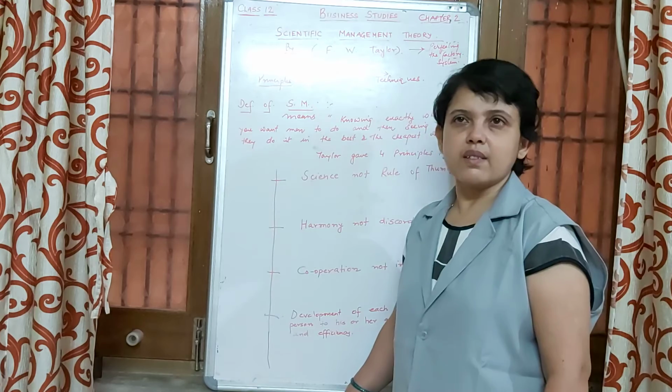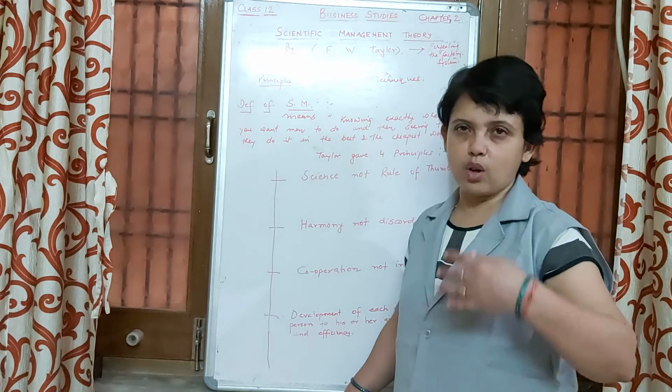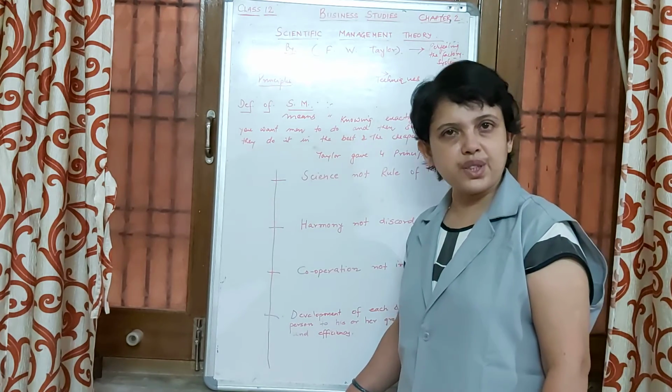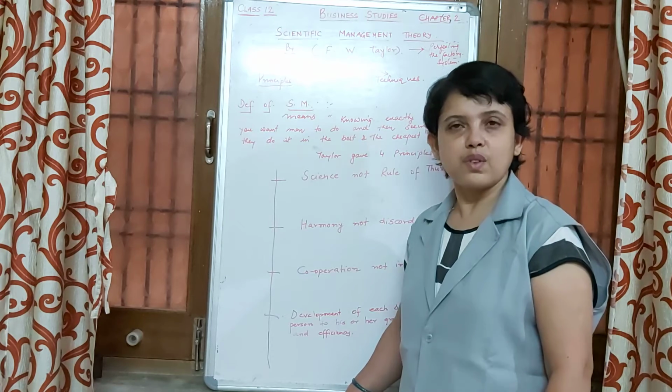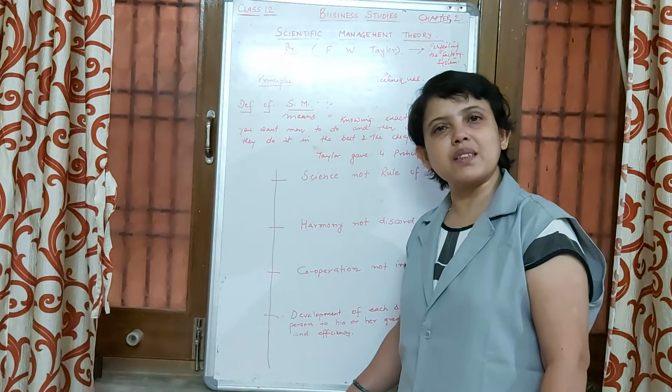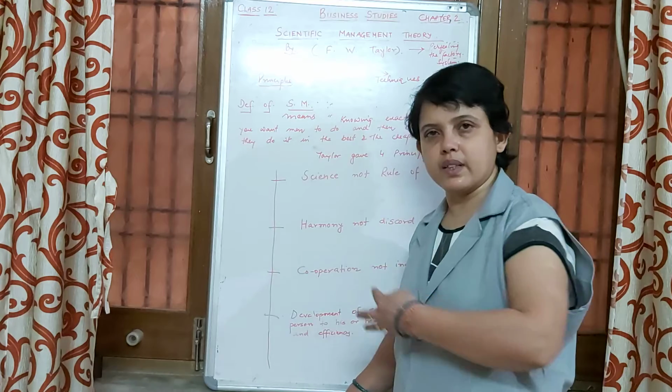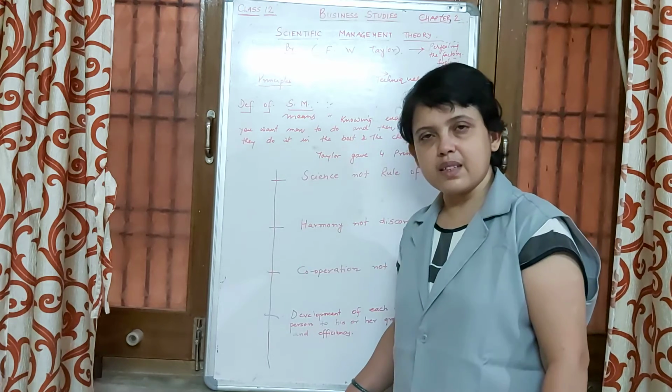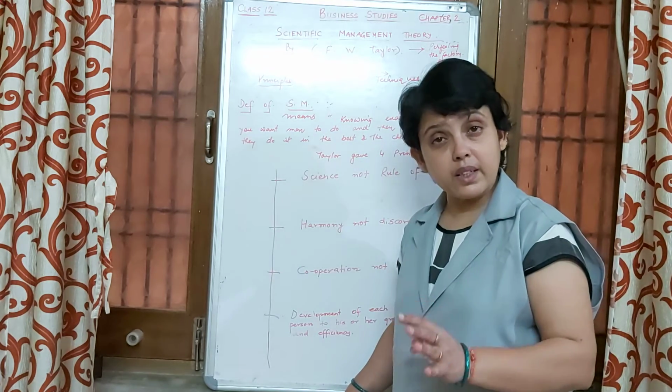Now he said that in order to perfect or improve the industrial efficiency, first of all, the traditional methods which were being adopted in the organizations had to be properly investigated.